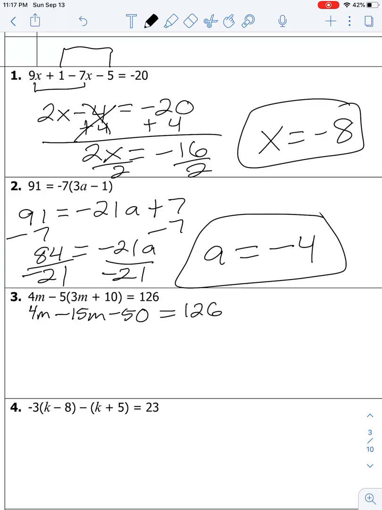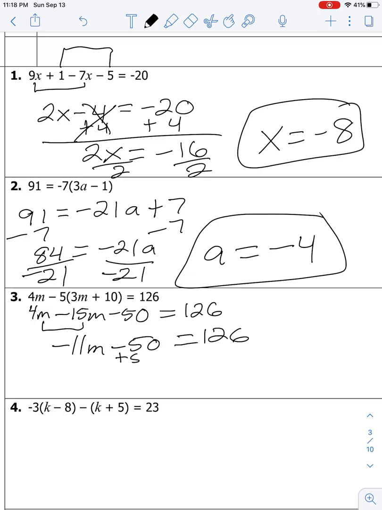equals 126. Now, we can combine like terms. You see the two m's right there? We need to combine those. So 4m minus 15m would be negative 11m. Minus 50 equals 126.